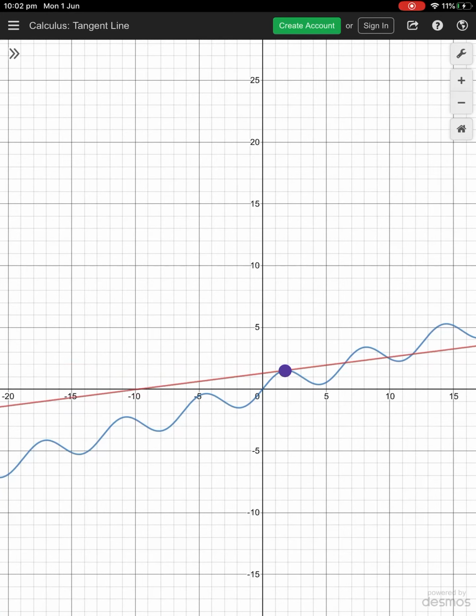It's a flat, horizontal line. If I go to here, the gradient would be negative. You can see that the gradients are changing as I move along this curve. It's going negative to positive to negative to positive, etc. And for all these different values of x, you need to be able to figure out exactly what the gradient of this tangent line is.